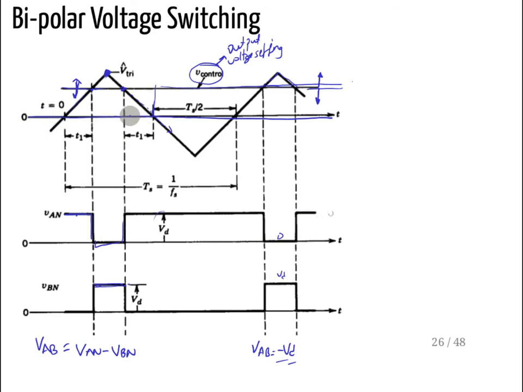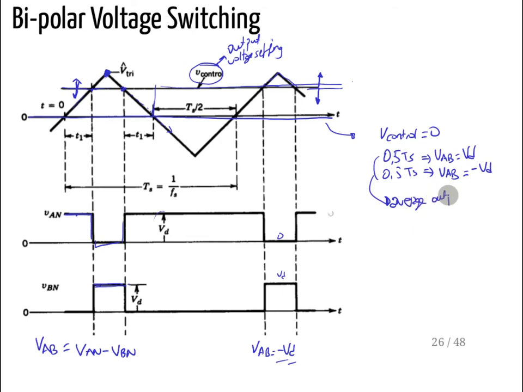For example, if that control signal is at 0, then for 0.5 TS your VAB will be VD, and for 0.5 TS your VAB will be minus VD, and your average output will be 0.